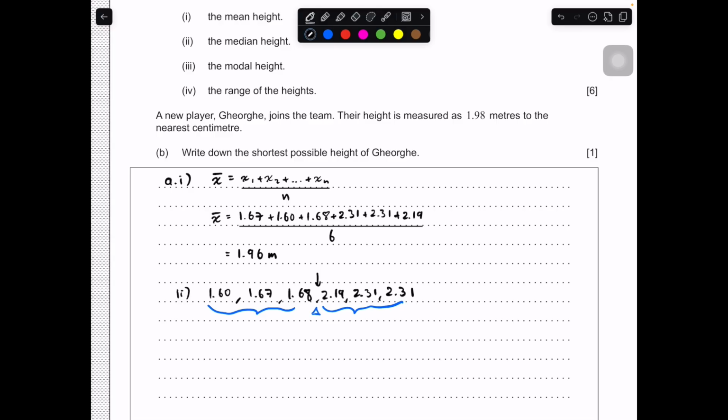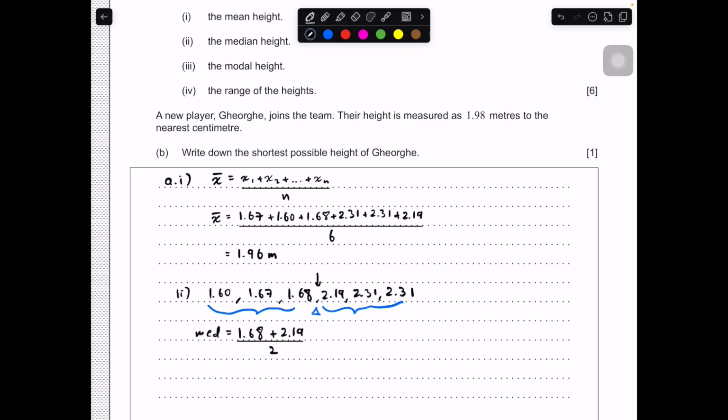So we could write this as an equation. The median is equal to 1.68 plus 2.19, and then this is divided by 2.